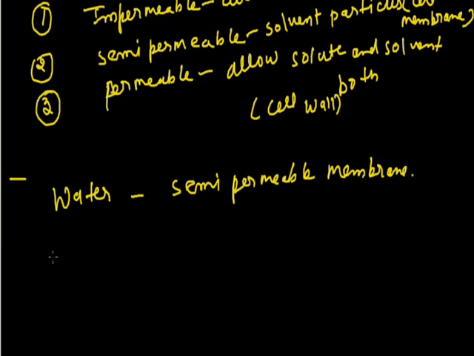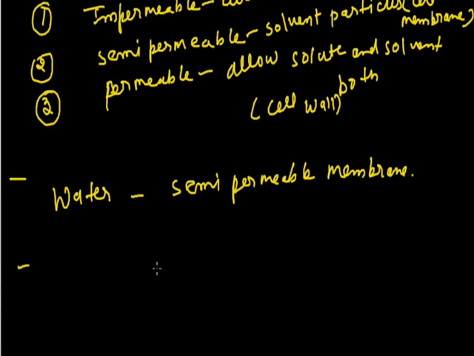And we can simply say that the process of osmosis will happen when the outer medium and inner medium are not even in the amount of water. They should have a difference in the amount of water.